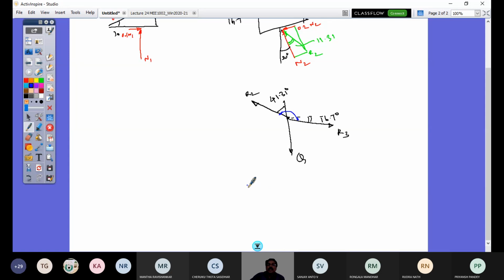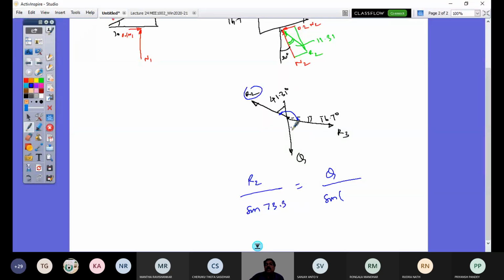So I can apply Lami's theorem. What is it that I needed in this? R2. So R2 by sine of the angle included by this, that is 90 minus 16.7, so 73.3, is equal to Q by sine of the angle.